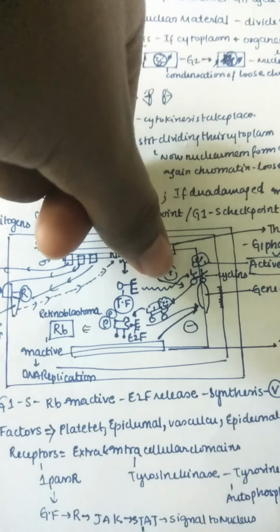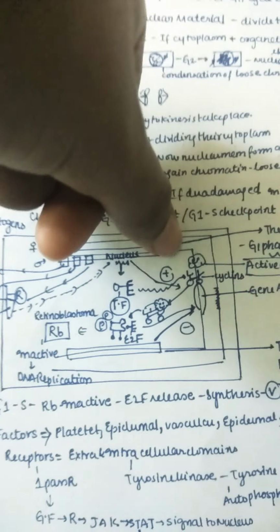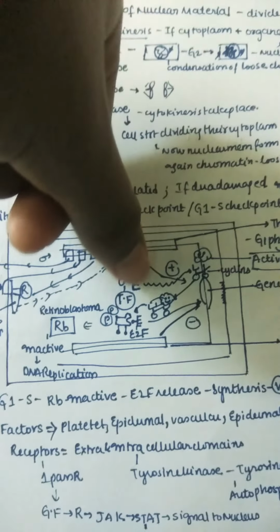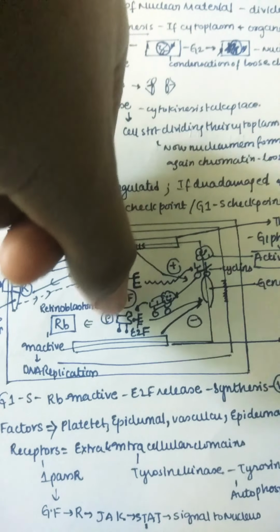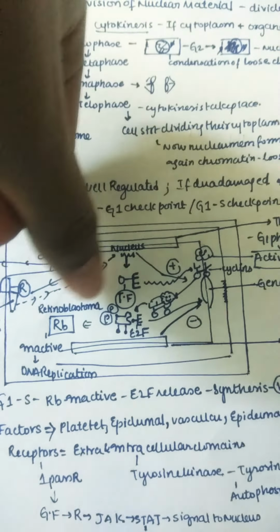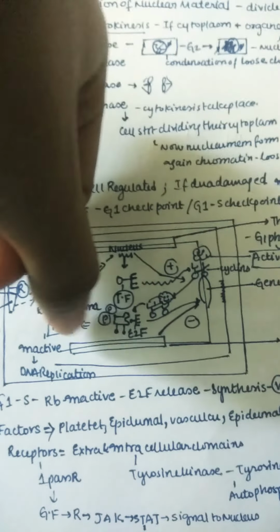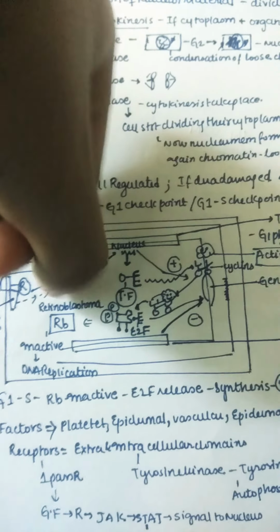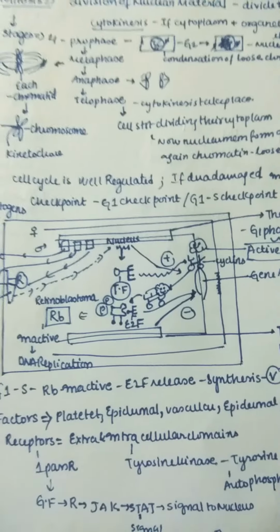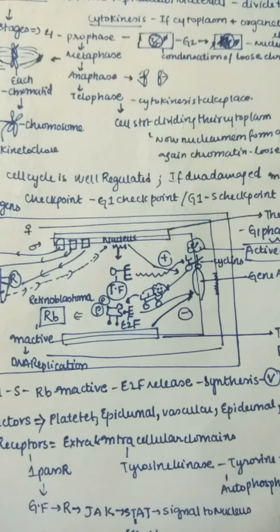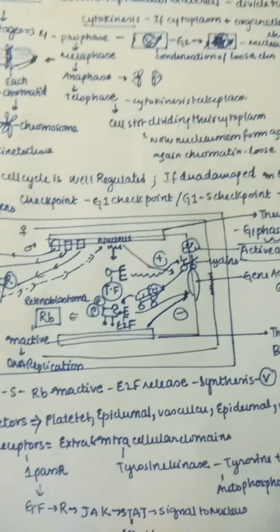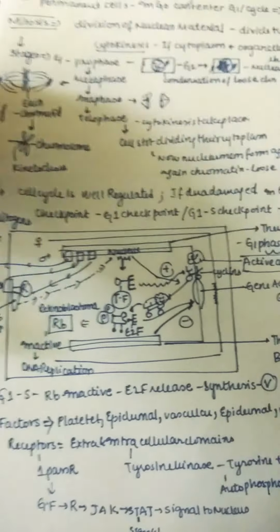In turn this forms cyclin dependent kinase, and cyclin dependent kinase drives this process with RB, that is retinoblastoma. Retinoblastoma is one of the tumor suppressor genes. When this retinoblastoma is phosphorylated, it releases the E2F transcription factor, and this E2F leads to proliferation of the cell.